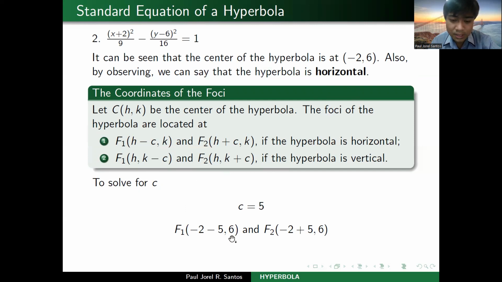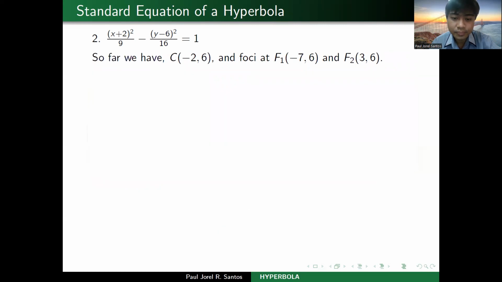So we have (-2 - 5, 6) and (-2 + 5, 6). Simplifying this, it will be (-7, 6) and (3, 6). So we have (-7, 6) and (3, 6) as the foci of the hyperbola. I will just put it there.